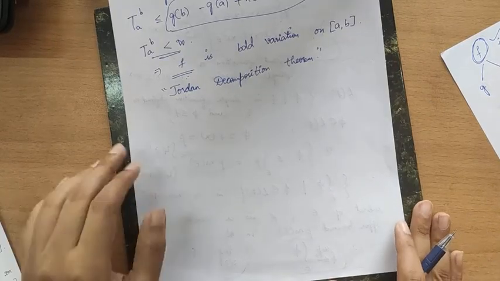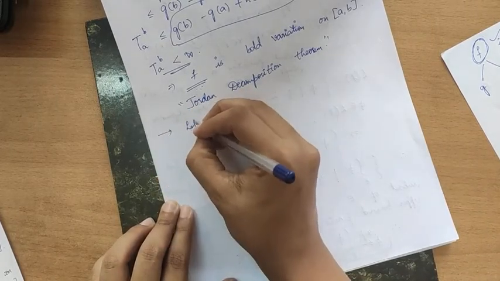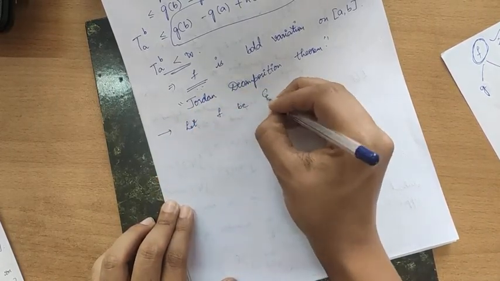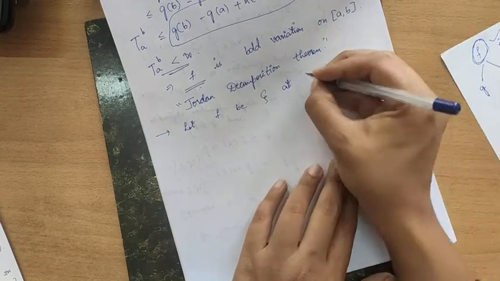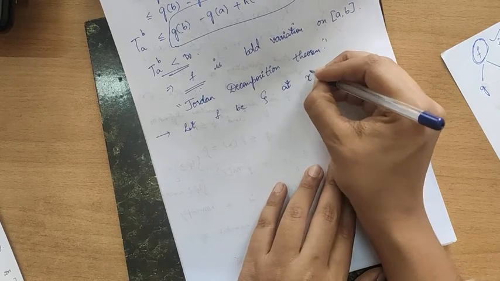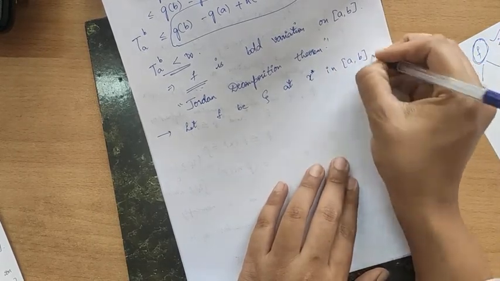From the definition of continuity, I can write: let f be a continuous function. They have given continuity at some point, right? I will consider that point as some x star in the closed interval [a, b].